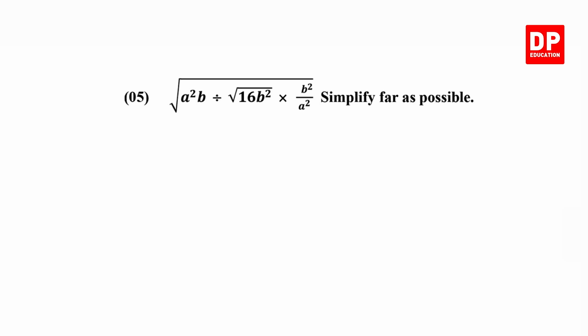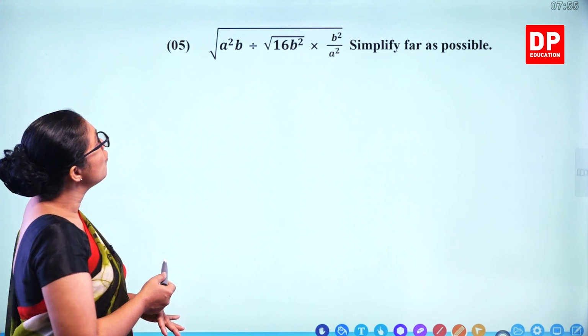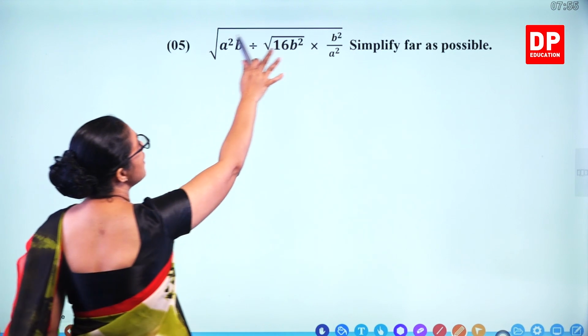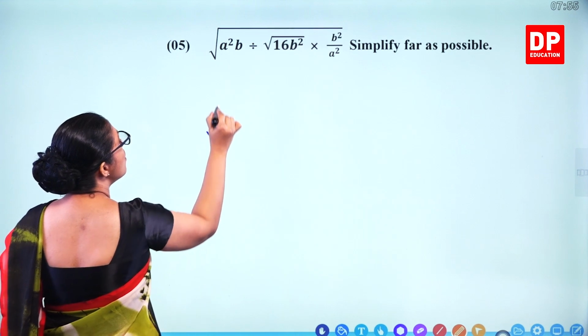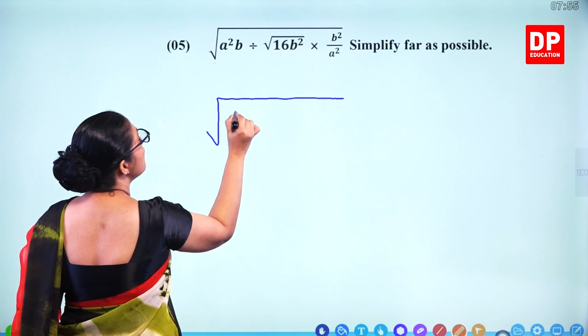Question number 5. Simplify as far as possible. So you have to first simplify the square root inside. But here there's another square root. So you have to simplify that one first.